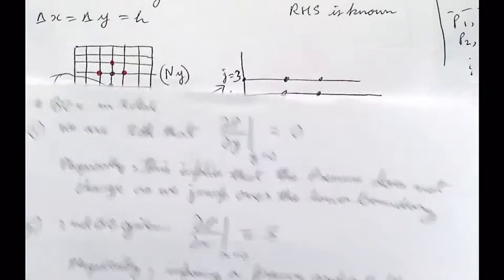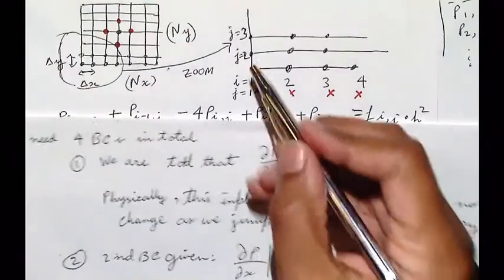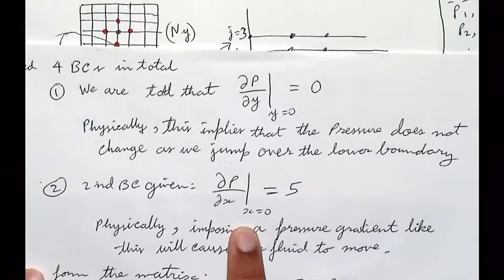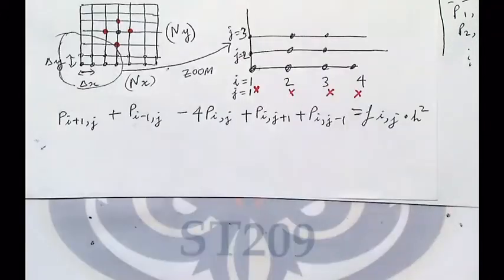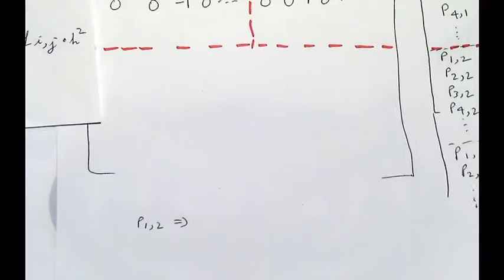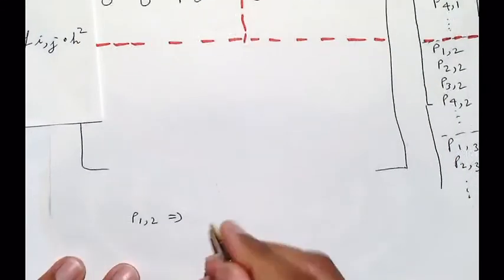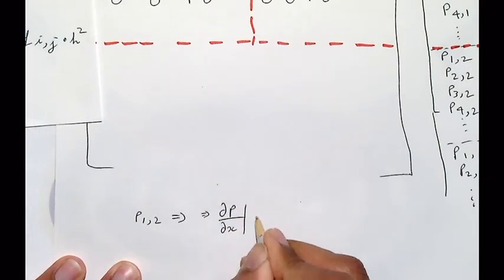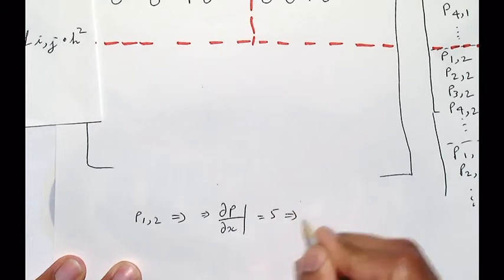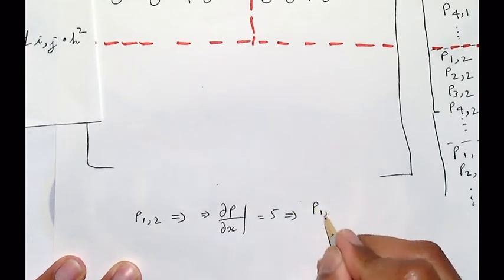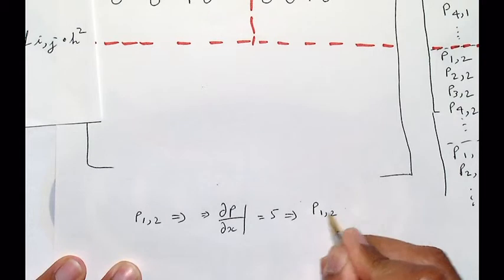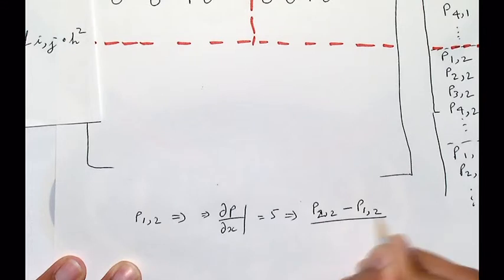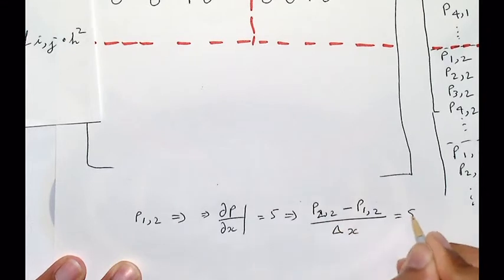But you're going in the right direction. Now, if I talk about this point, that's exactly this boundary condition, dp by dx equals 5. So for the first point, we have dp by dx equal to 5, which means you can write P2,2 minus P1,2 over delta x equals 5, right?